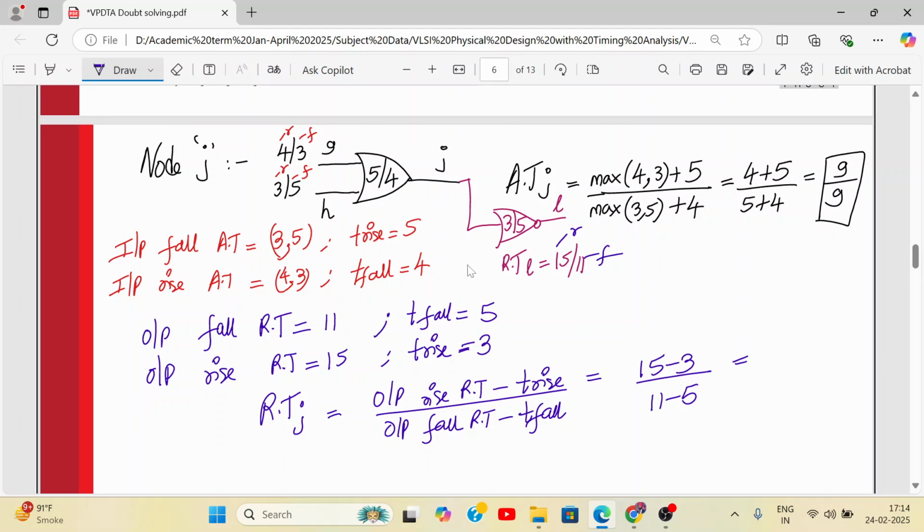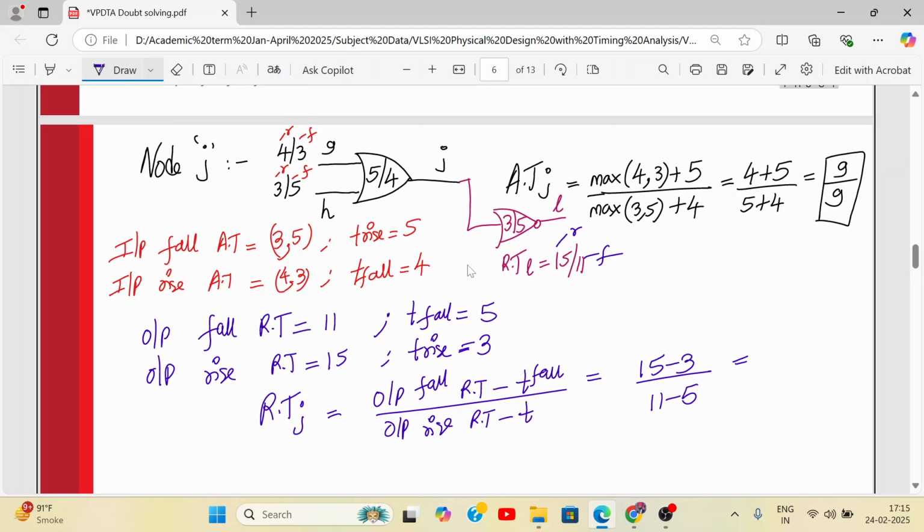It's actually reverse. For non-inverting gate, this is an inverting gate, so it will be fall. So this is output fall arrival time. This is rise.